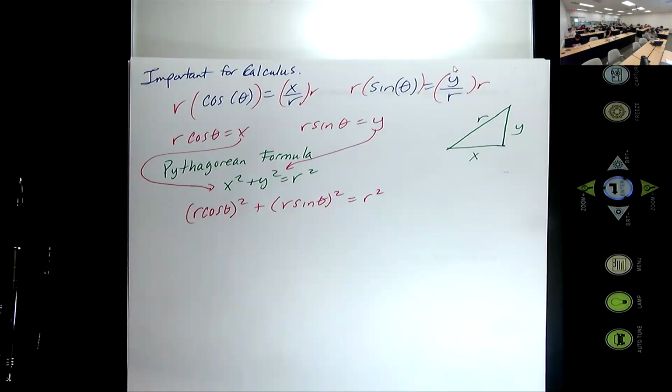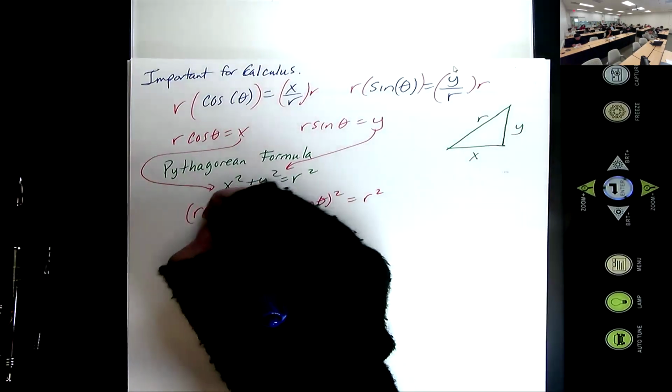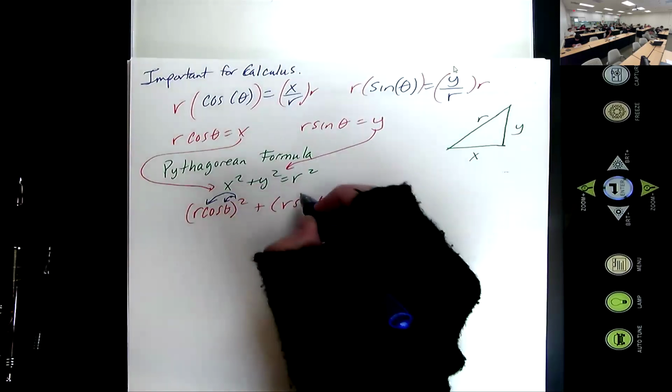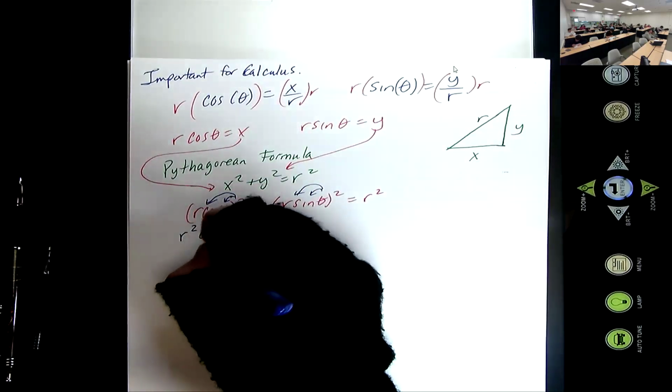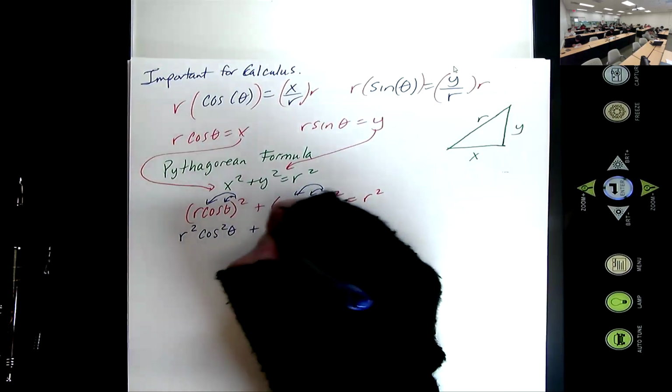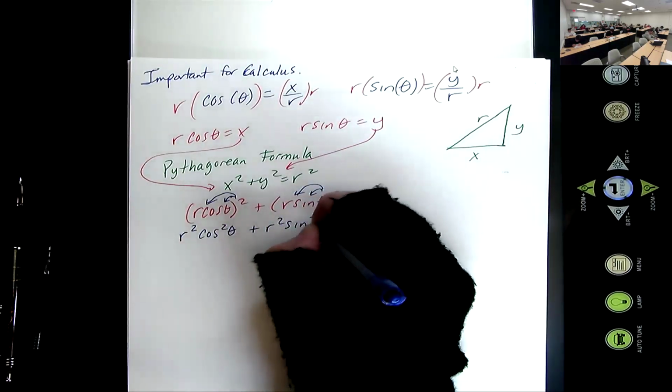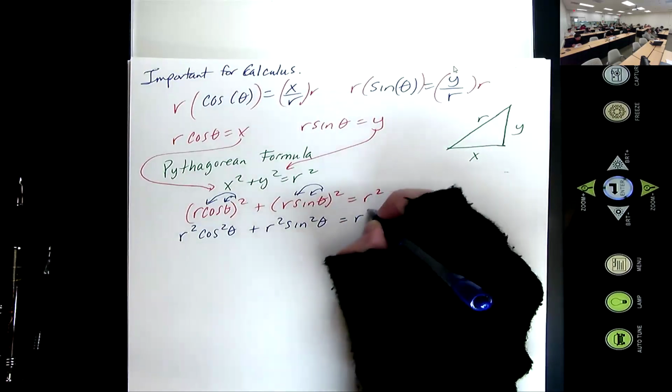When you have something squared like that, from your pre-calculus or algebra, the square applies to both of them. So I have r squared cosine squared theta plus r squared sine squared theta equals r squared.